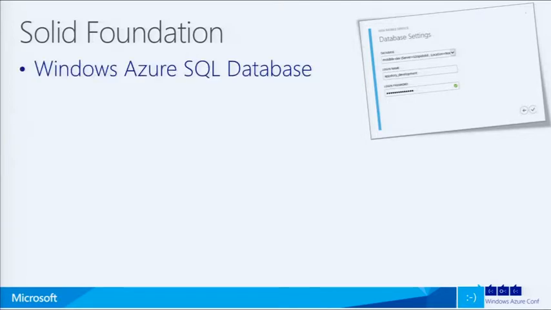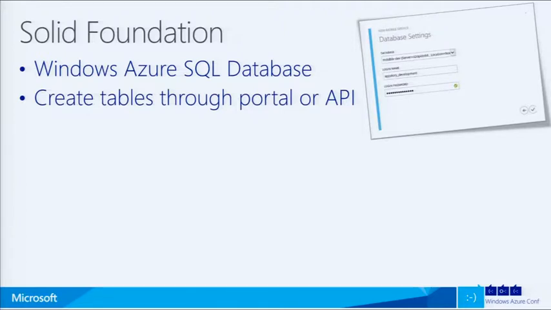So the idea is that there is a Windows Azure SQL database running on Azure. It's storing your data, offering your tables and access to the data. And the API is written on top of it, and it will expose that through OData, and it will expose your database so that you can start using it from your client.